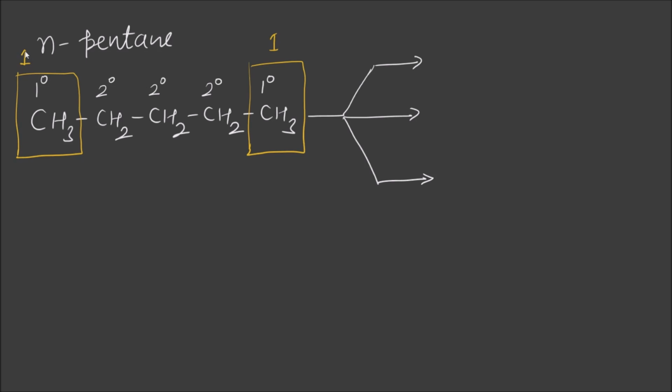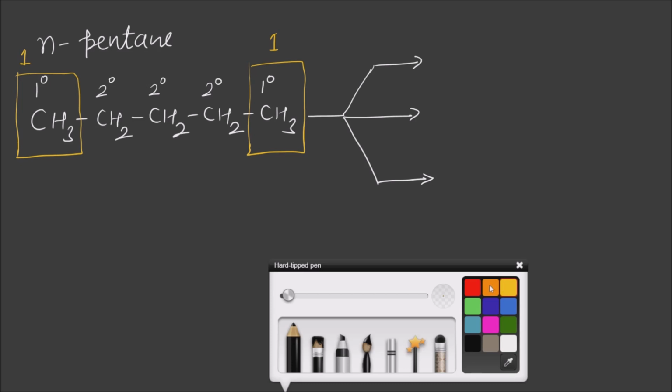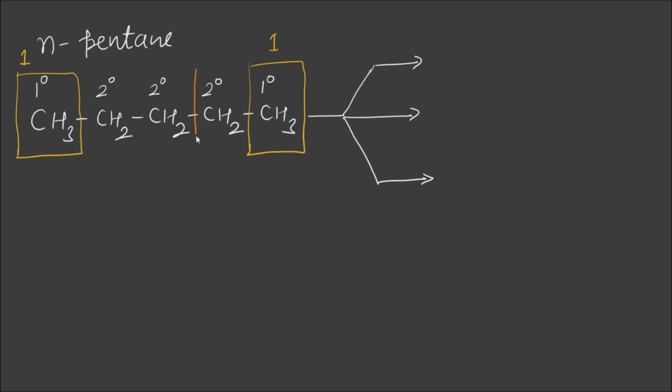Hydrogen attached to a primary carbon is called primary hydrogen. Hydrogen attached to a secondary carbon is called secondary hydrogen. Now the second one, secondary: this one and this one. See, this secondary carbon is attached to a primary and a secondary, and this one is also attached to a primary and a secondary.